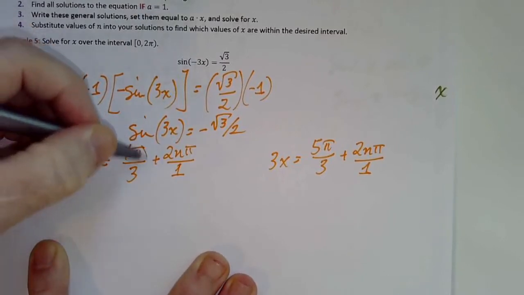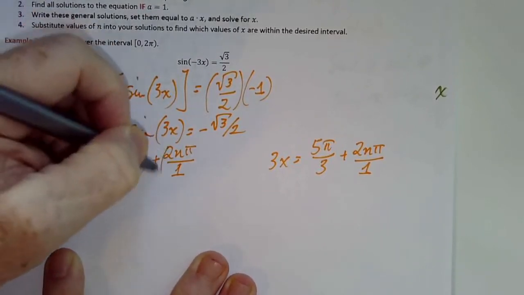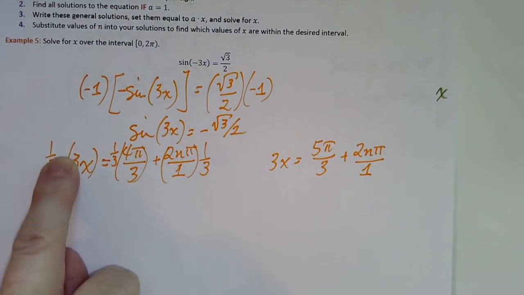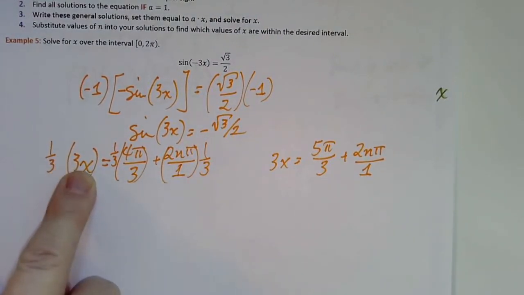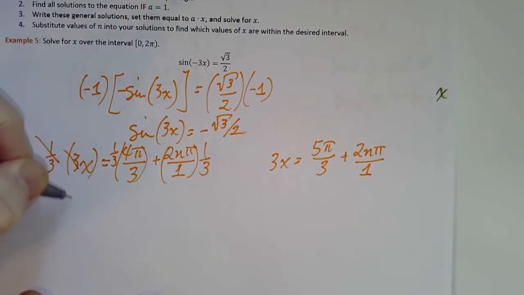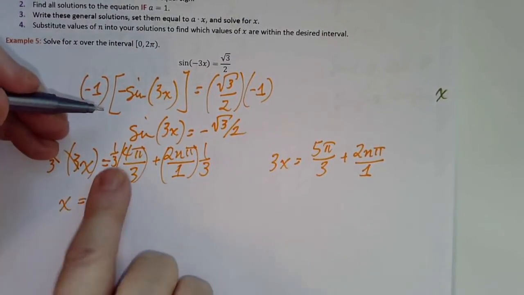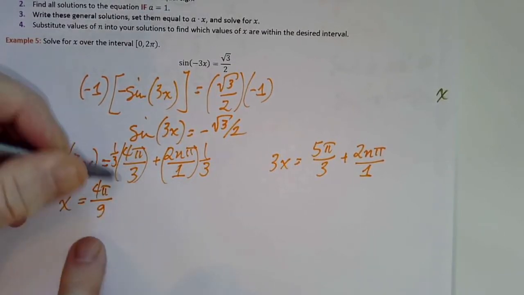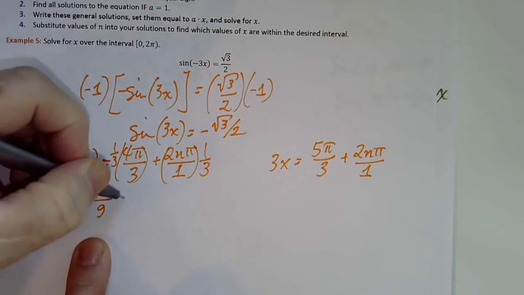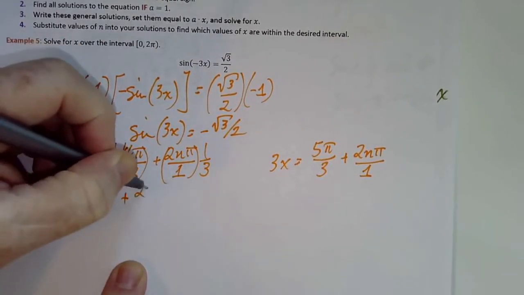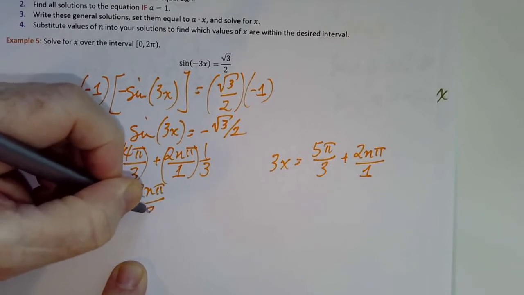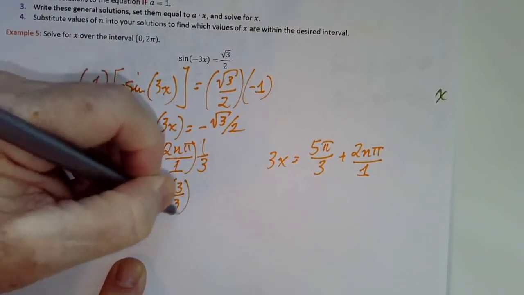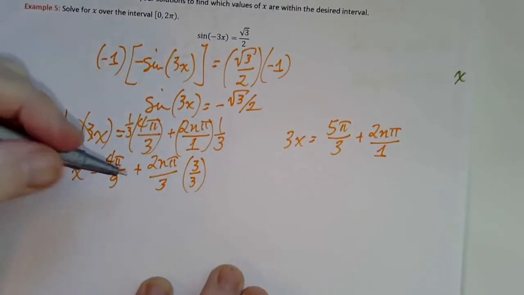So again, I'm multiplying every term by 1 over 3 to cancel the 3 in front of the x. So on the left I have x equals, and now I've got 4 pi over 9, 3 times 3, plus 2n pi over 3, but I need to add those, so I'm going to multiply this second term by 3 over 3.